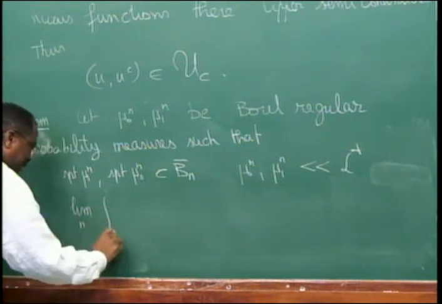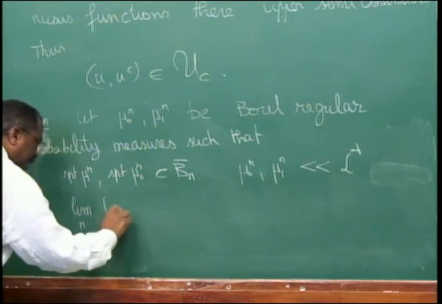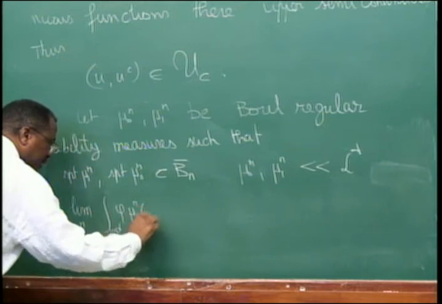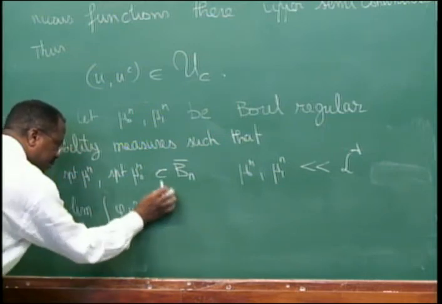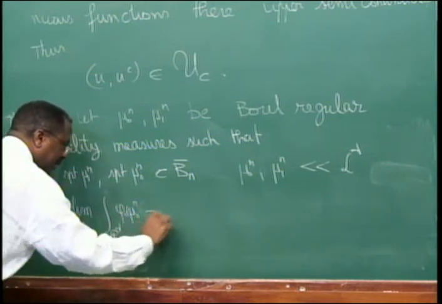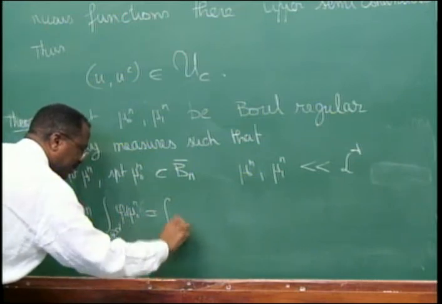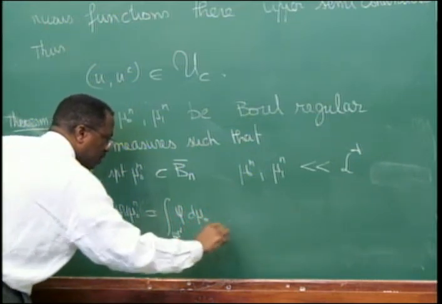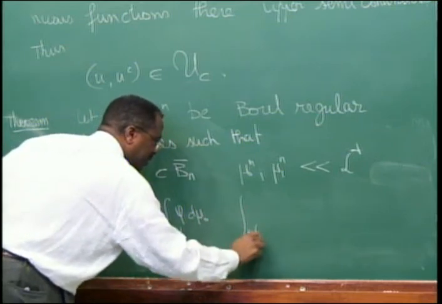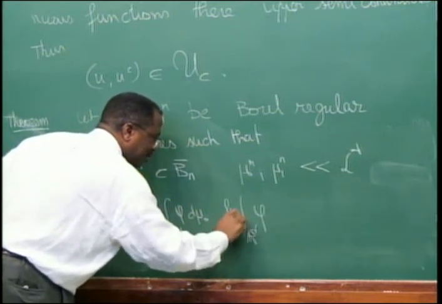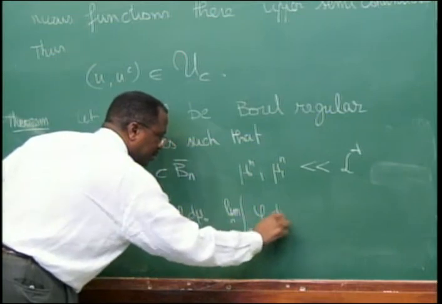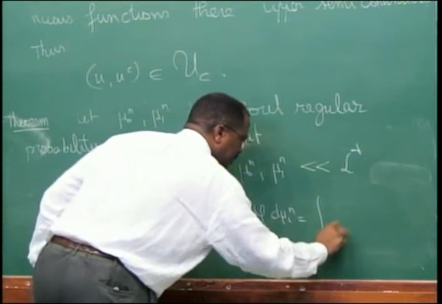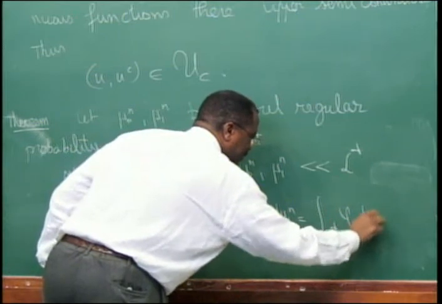The limit when n tends to infinity of the integral over R^d of phi d mu naught n is the integral over R^d of phi d mu naught. The integral over R^d of phi d mu 1n is the integral over R^d of phi d mu 1.